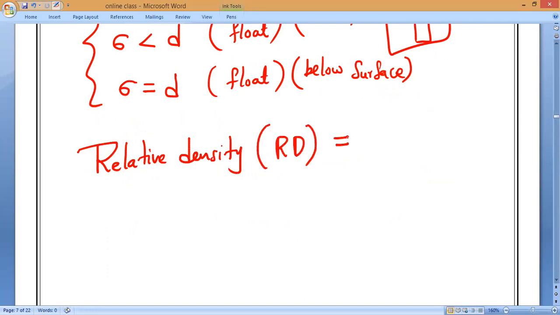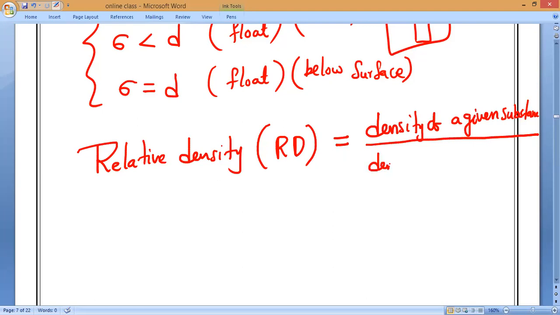Relative density is equal to the density of a given substance divided by the density of water at what temperature? At 4 degrees Celsius. So this is what is called relative density.